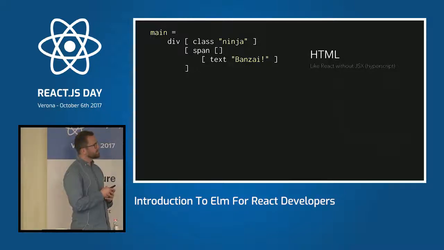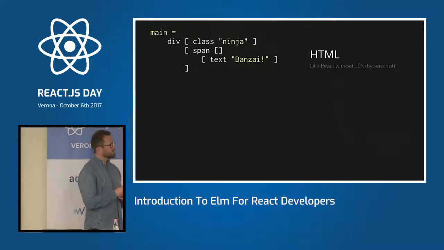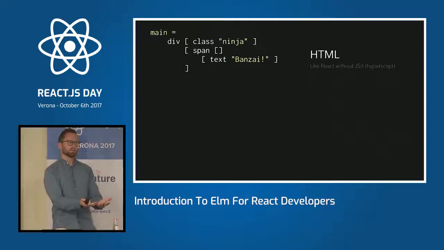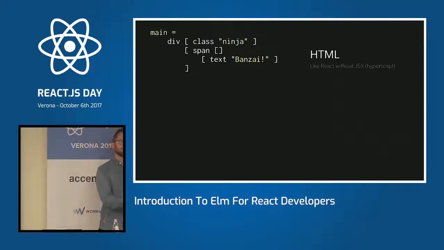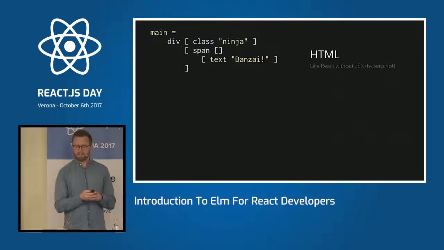So class is a function that accepts a string, and it will create an attribute. And the second list of children. So this only has one child, which is a span with no attributes, and a text called banzai. And the reason you need to call a text function is because you can't just output a string to the DOM. You need to wrap it in a text node, which is an HTML technicality.